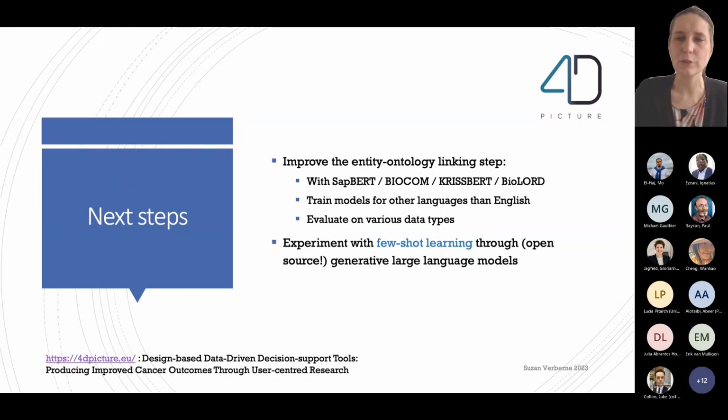And they can do it with very few examples. This kind of way of modeling with generative large language models is called few-shot learning. We only need a few examples.